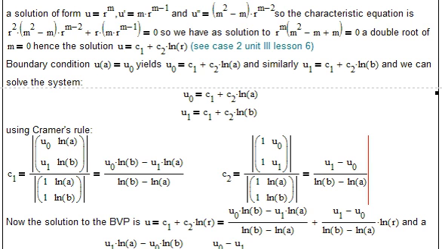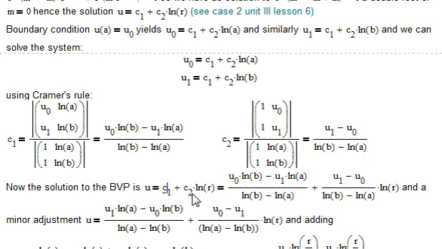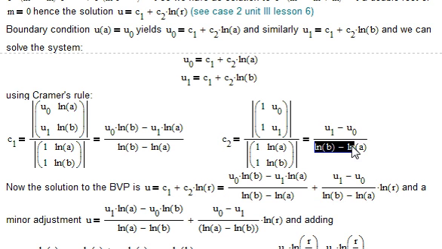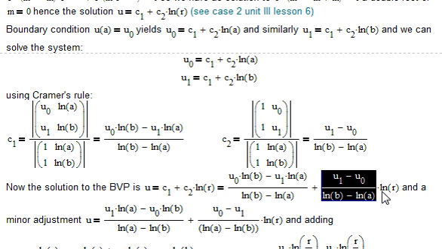So now the solution to the boundary value problem is u equals c1 plus c2 ln of r, and we got our c1, and it's this. And we got our c2, and it's this. So that's going to be multiplying the ln of r.